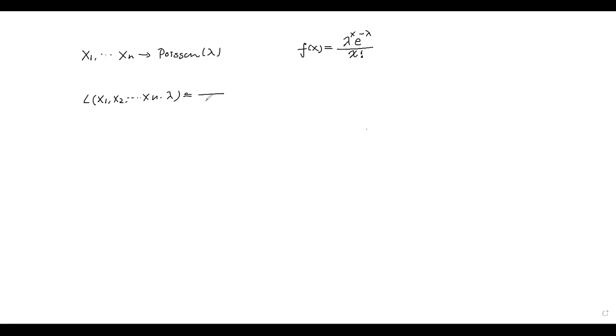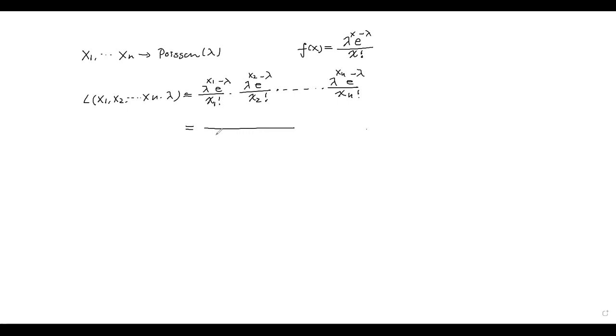So here it will be lambda to the x1, e to the negative lambda, over x1 factorial, times lambda to the x2, e to the negative lambda, over x2 factorial, and all the way to lambda to the xn, e to the negative lambda, over xn factorial.